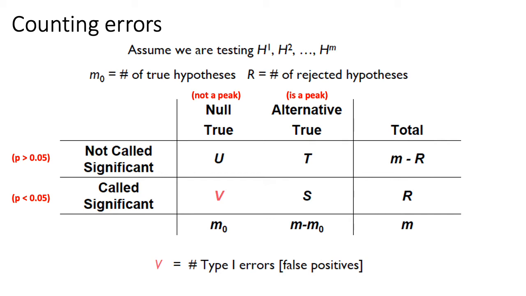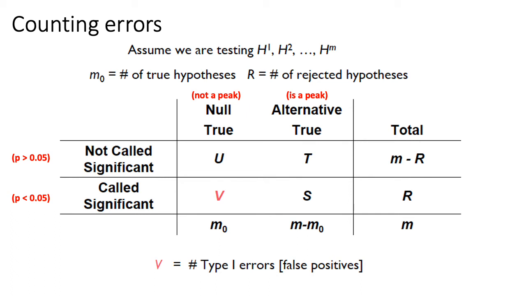So when U and S are large, that's good, because that means my tests were accurate in some sense. I rejected the tests I should have rejected, and I did not reject the tests that I shouldn't have rejected.